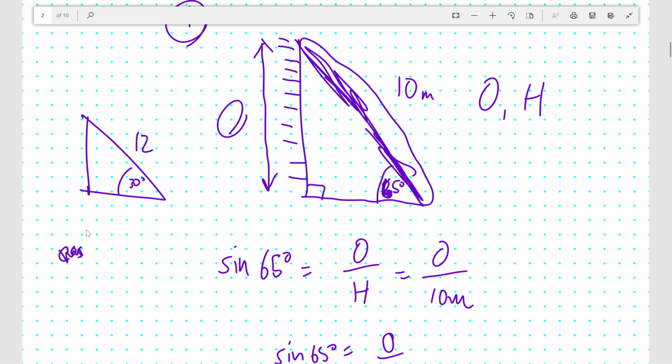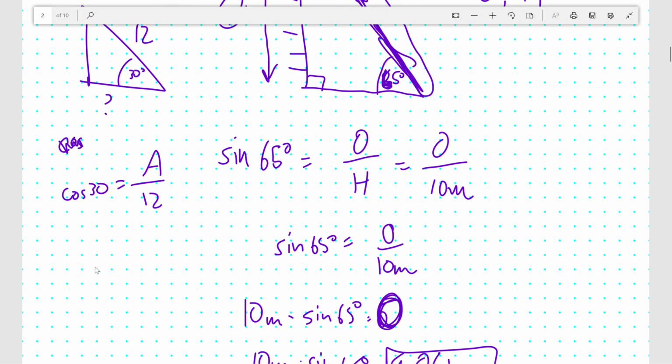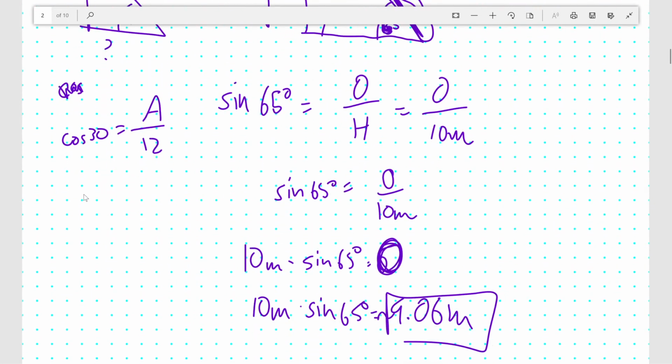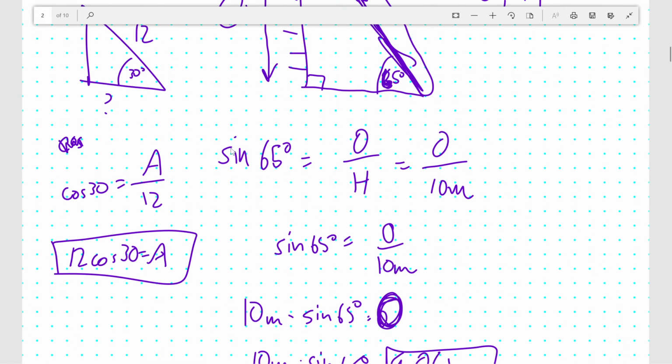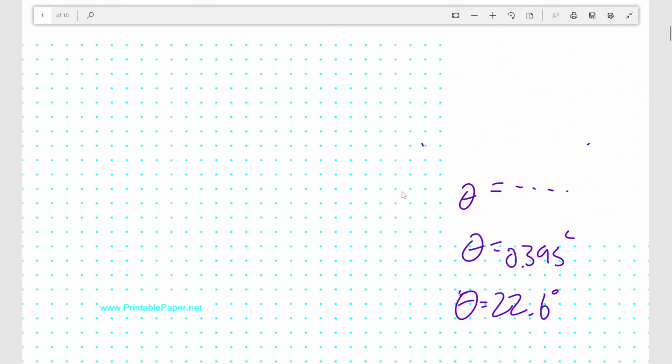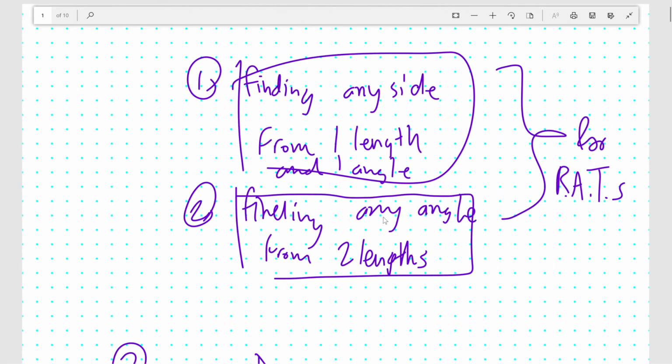Cosine is going to be the adjacent over the hypotenuse, so the adjacent over 12 is cosine 30, and therefore 12 cosine 30 is the adjacent. You can do that if you want, that's an exercise for you. And that's how you would find some lengths of a right-angled triangle that you don't know before, using the trigonometry functions that you learned about now.